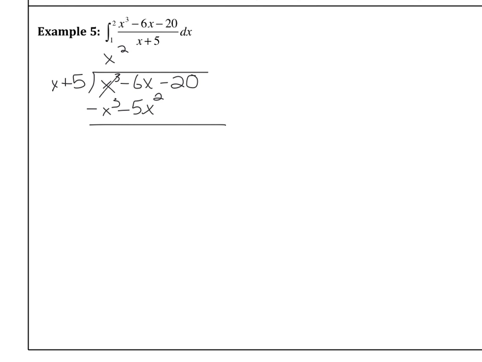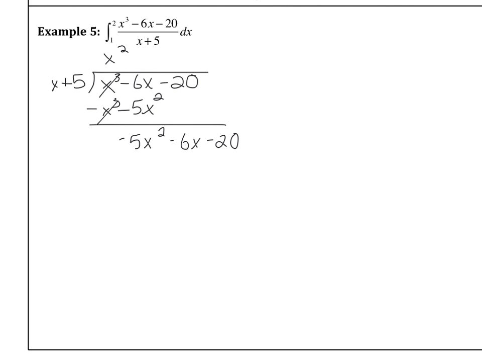Well, x cubed minus x cubed goes away. Technically, I should have put a little placeholder in my dividend, right? It's really like 0x squared minus 5x squared. So that'll be negative 5x squared, right? And then we can just bring everybody else down. So negative 6x minus 20. And then we can go again.